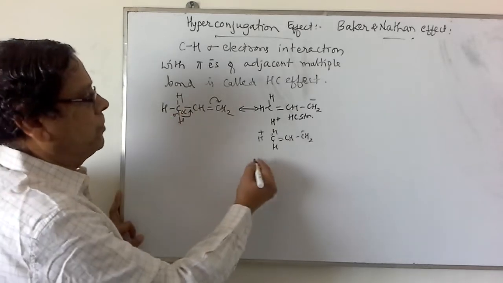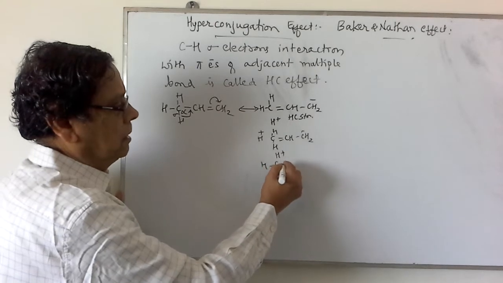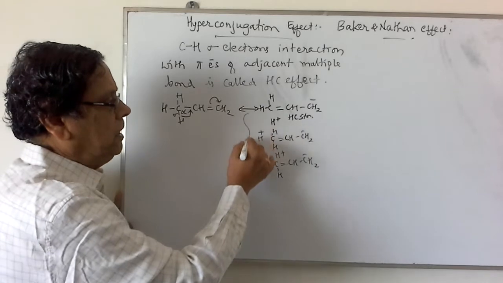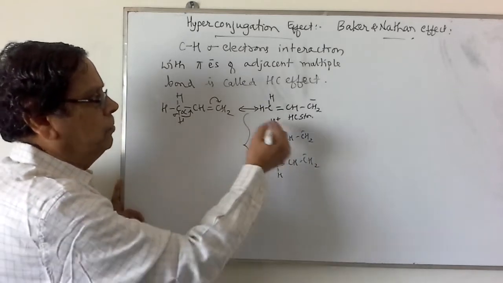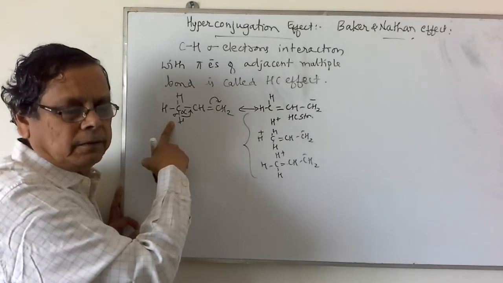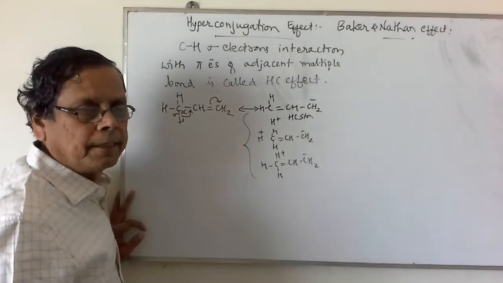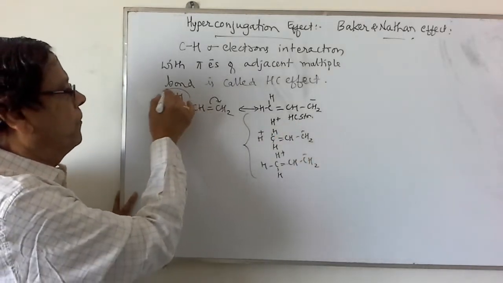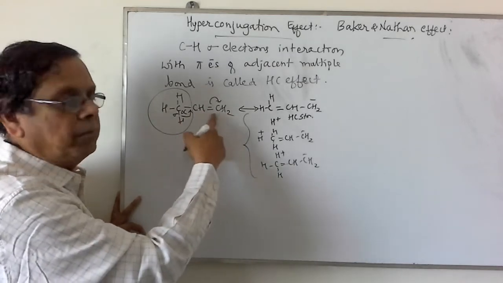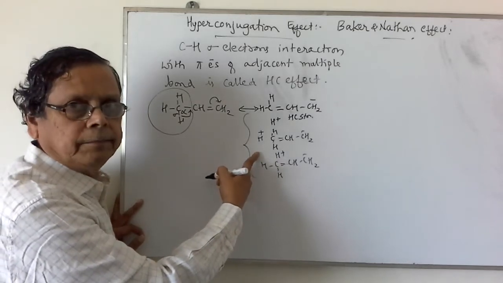Similarly, for the third hydrogen we can write H+ CH=CH-CH2 minus. These three structures, obtained due to interaction of the sigma carbon-hydrogen electrons with the multiple bond, are called hyperconjugation structures. Whatever the number of alpha hydrogen atoms adjacent to the carbon-carbon double bond, that many hyperconjugation structures we get.